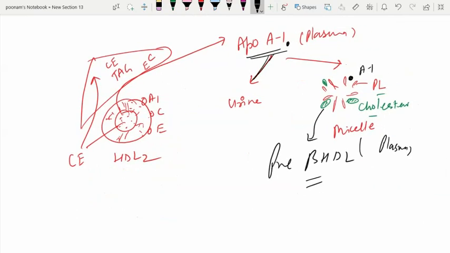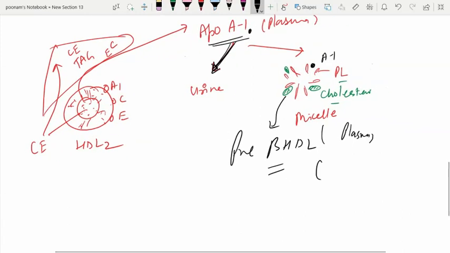The majority of ApoA1 is filtered out in the urine and coming out from the body, and a very small amount of ApoA1 is embedded in pre-beta HDL. This pre-beta HDL is a very active form of HDL. In fact, it's the most active form of HDL because it's having scavenging capacity, because it's having A1.